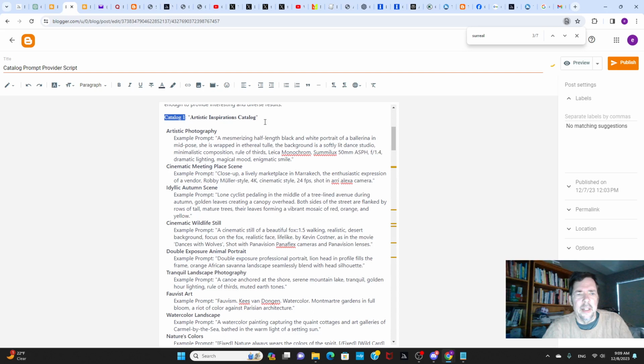I've tried a number of different techniques for Midjourney prompts, from giving it instructions to using templates. Both work well. But with this one, the idea is you just give it the example prompts.